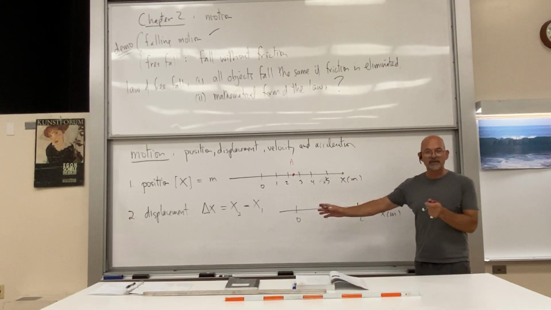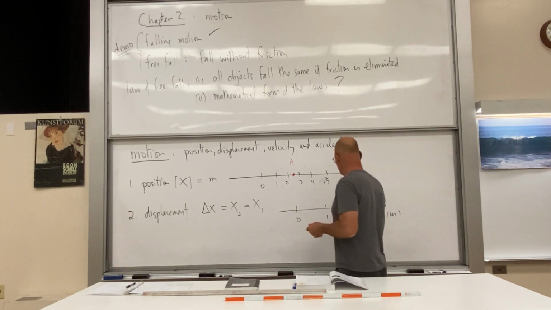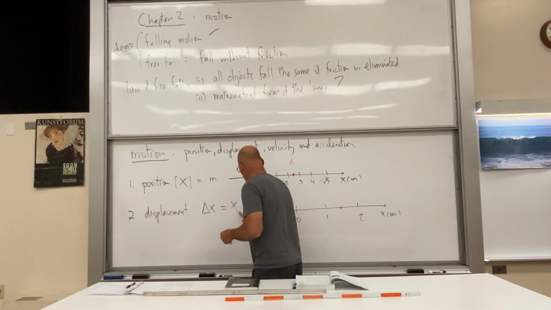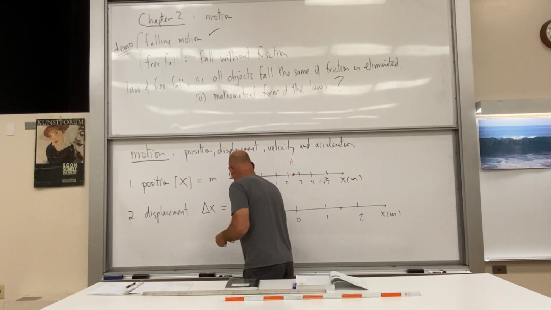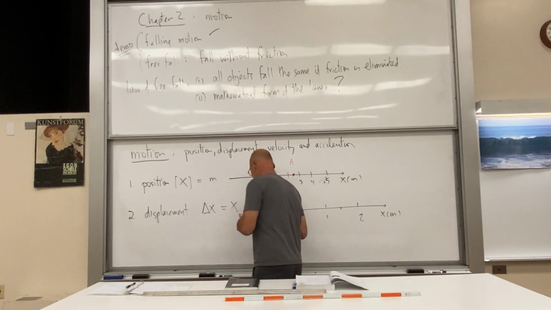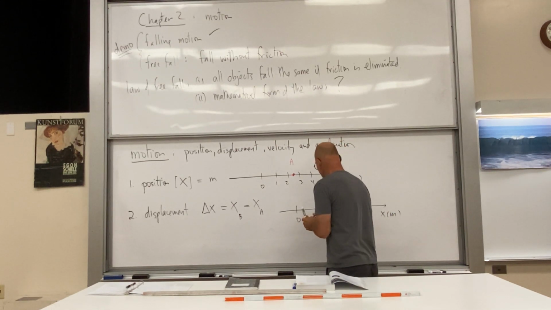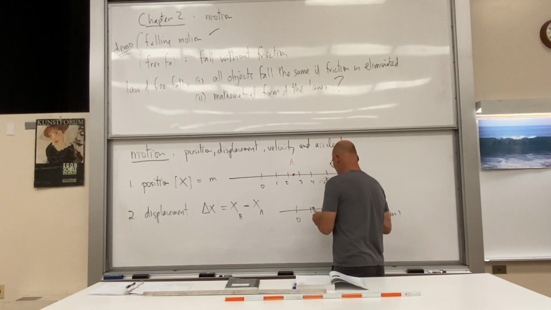So we have a number line for the displacement again, and let's do b minus a. And then I'll locate these things at b and a.